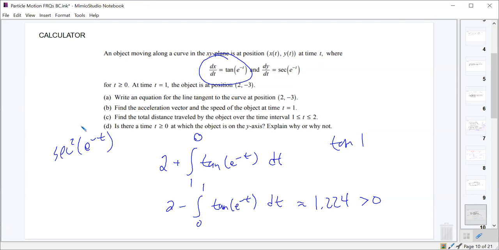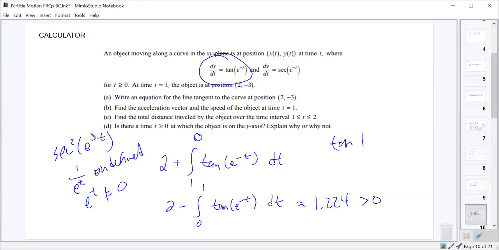Places where this is undefined would be where 1 over e to the t is undefined, which would mean e to the t would have to equal 0, but e to the t does not ever equal 0.